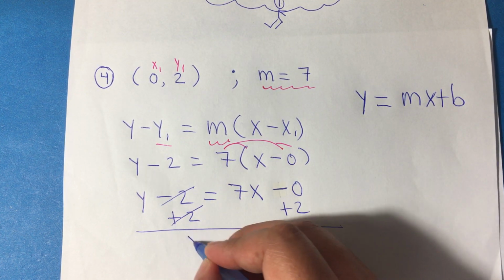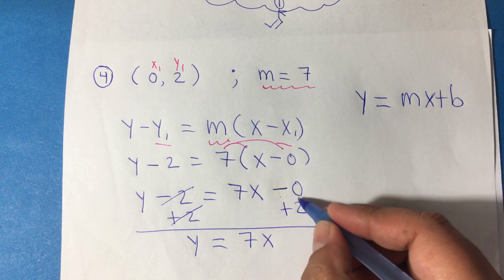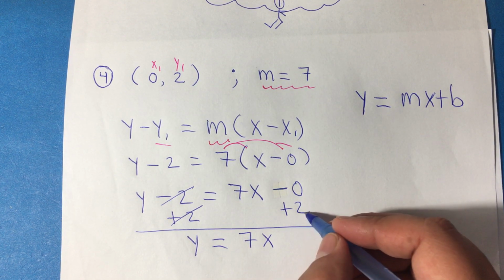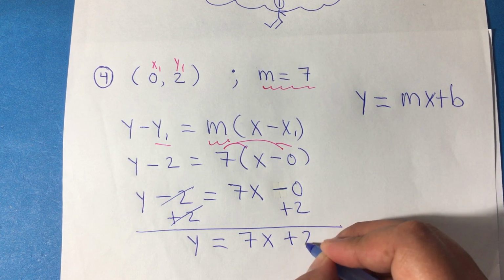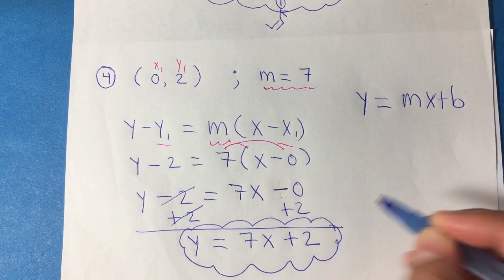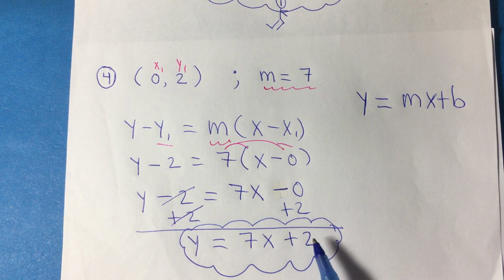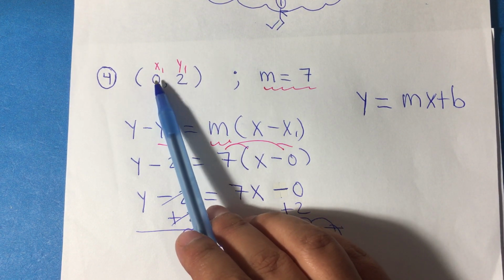These cancel, and y equals 7x, negative 0, positive 2, then you have 2. What did I want you to notice? Remember that in the previous video we said that your initial point or y-intercept is always when x equals 0.